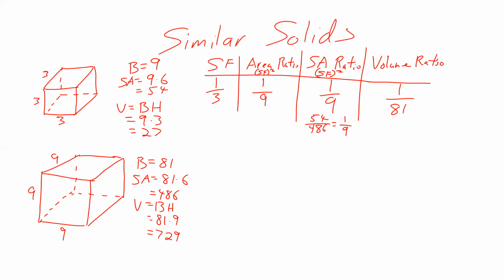All right. So we have 729 was our volume. So now compare them. 27 over 729. I don't know, that's looking like it's not going to be 81. What's it going to be? 27.